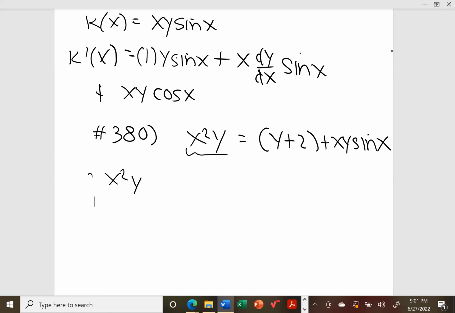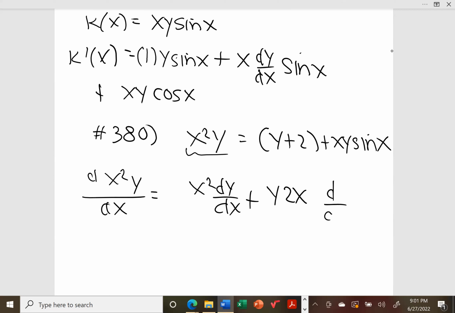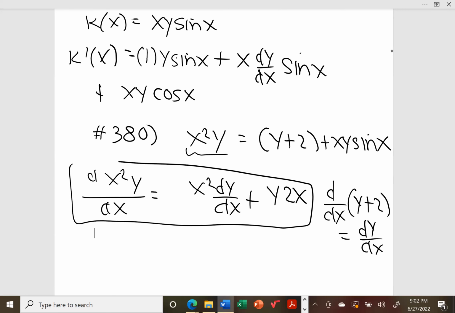The derivative of this with respect to x is going to be, using the product rule, the first times the derivative of the second plus the second times the derivative of the first. Now, this one is easy. This is just dy dx. All right, so we have everything we need.